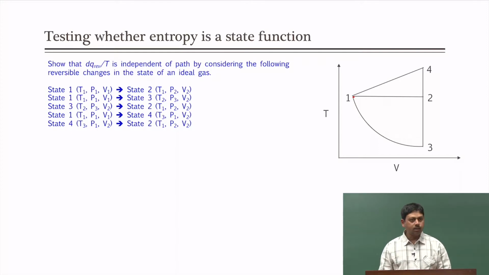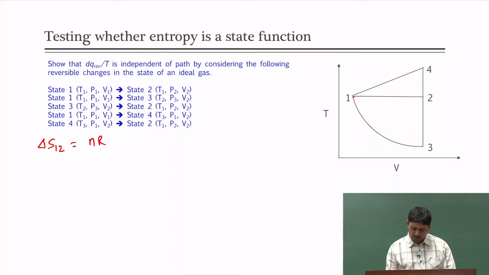So, 1 to 2 is an isothermal process, but there is a change in volume, which means an isothermal expansion process. The change in entropy S12, following reversible changes in the state of an ideal gas, let us take it to be n moles of ideal gas, is nR ln V2 by V1 in the first step.